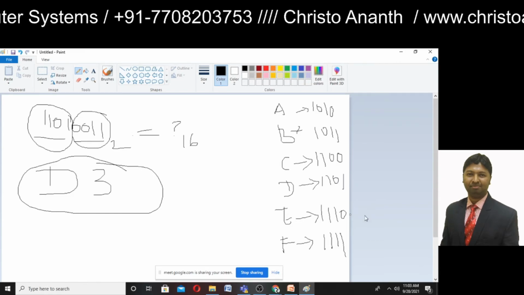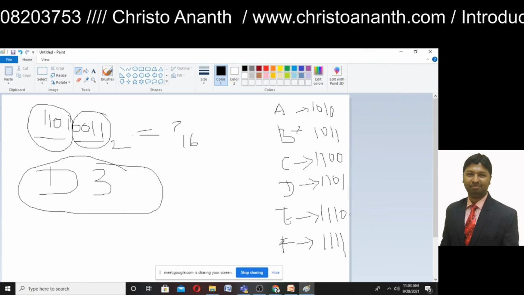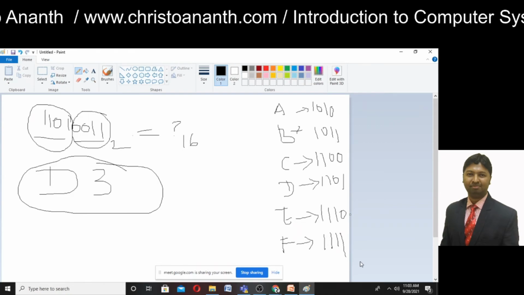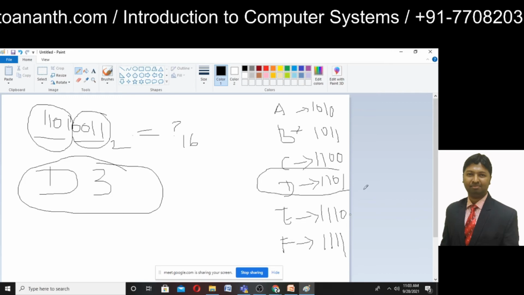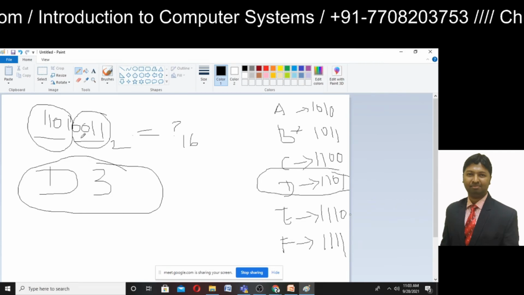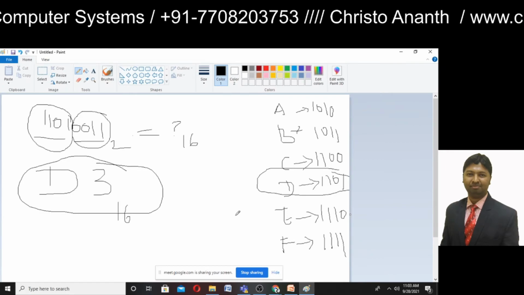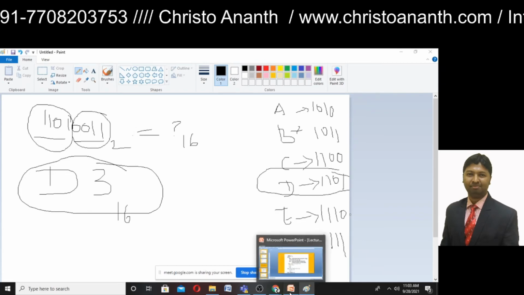To get E, you add 1, so 1110. And F, you add 1 to it, you get 1111. So this 1101 is D, and 0011 is 3. So it is D3 to the base 16. Yeah, got it.